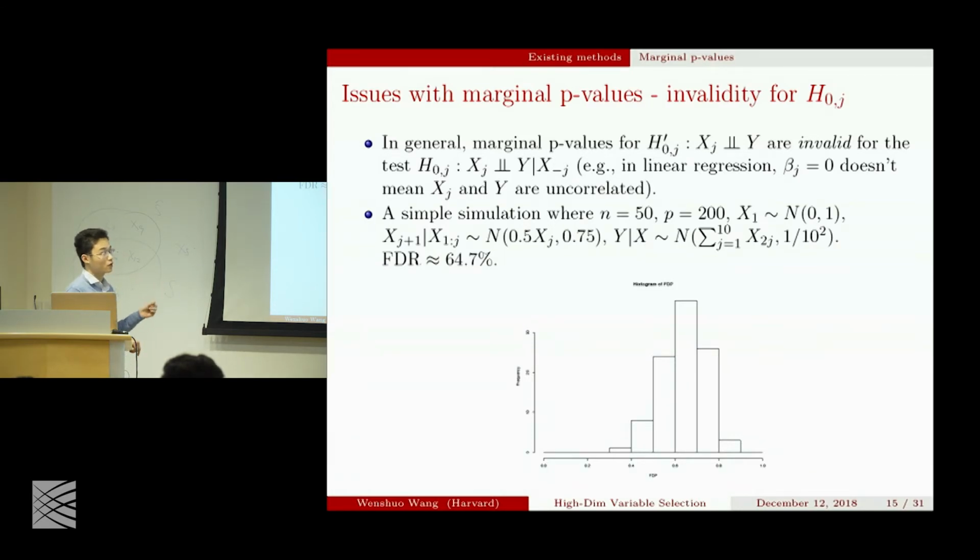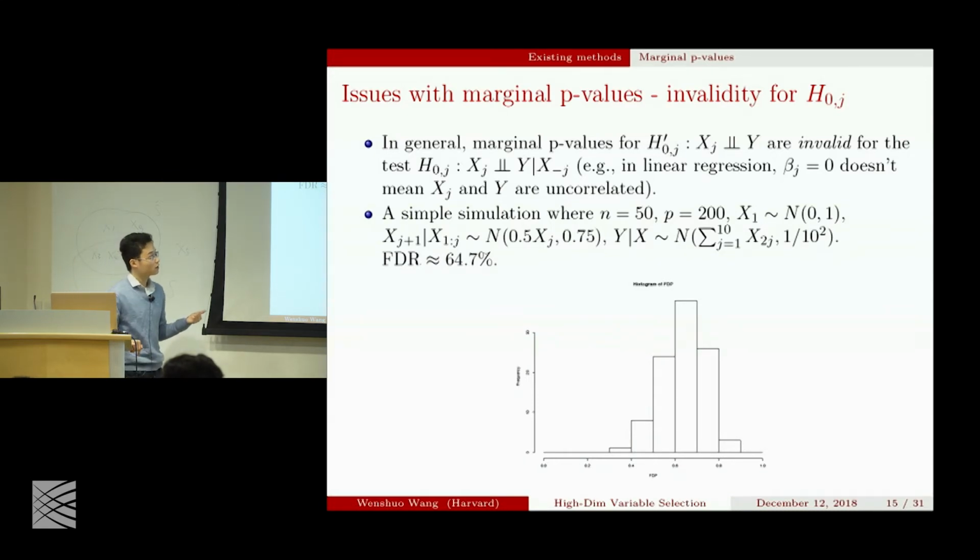Think of a linear regression. Then the real hypothesis H0j means beta j is 0, but that does not mean that they are uncorrelated, right? The hypothesis H0j prime is saying that they are uncorrelated, but that's not equivalent to beta j is 0. Here's a very simple example.